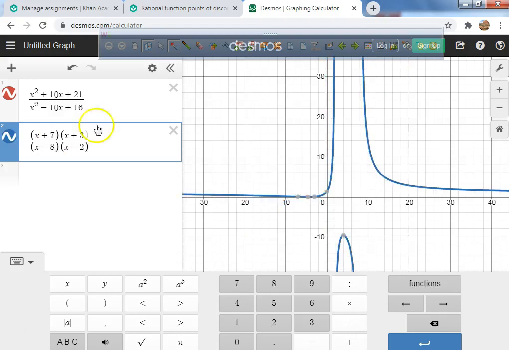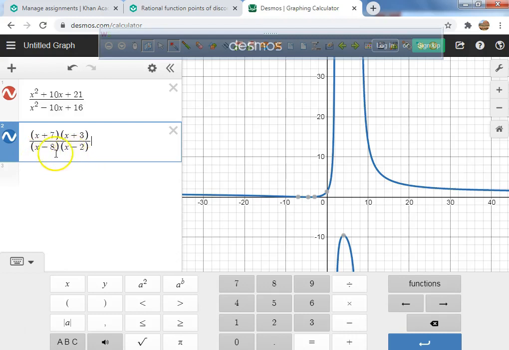All right. So if the graphs totally cover each other up, that means you actually factored it correctly. So that's kind of a good way to practice your factoring if you want to figure that out. Now, here's the thing. The denominator right here, the denominator creates the asymptotes.